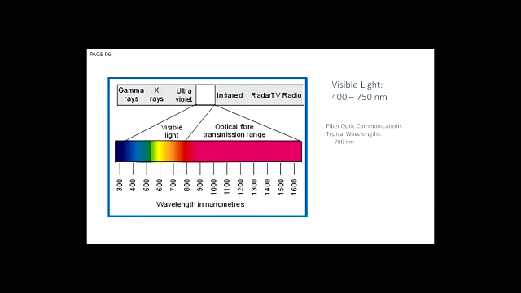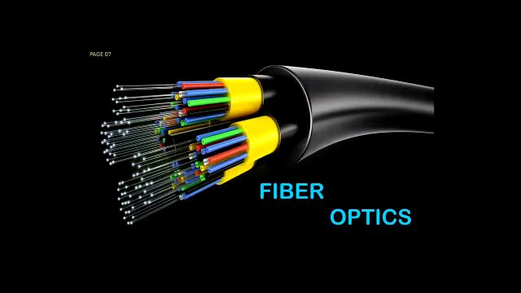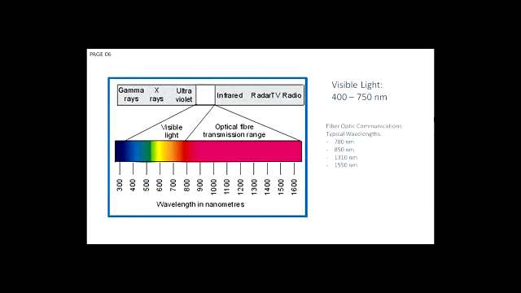Now, typical wavelengths for fiber optic communications would be 780 nanometers, 850 nanometers, 1310 and 1550. This would be where the fiber optic transmission mostly happens.